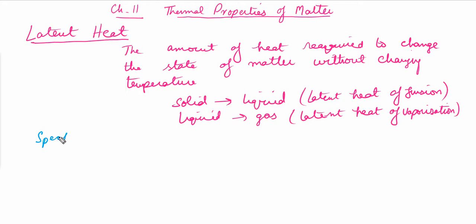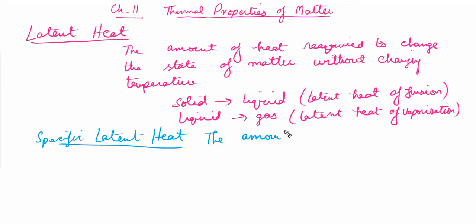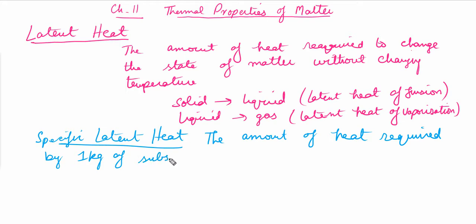So specific latent heat is basically the amount of heat required by 1 kilogram of substance to change its state, whether from solid to liquid or from liquid to gas.